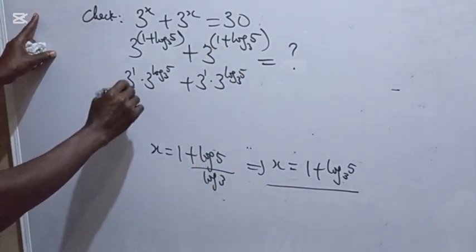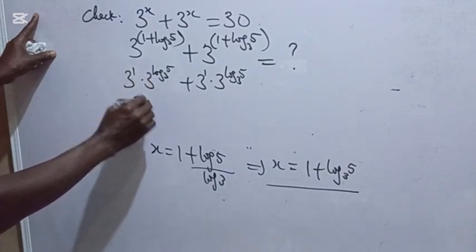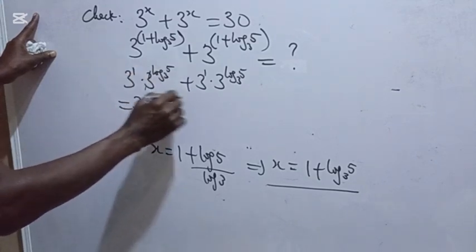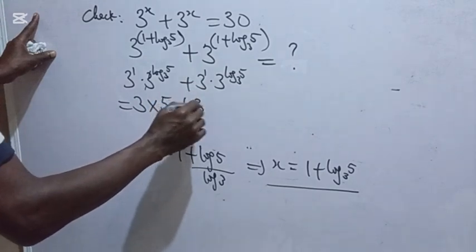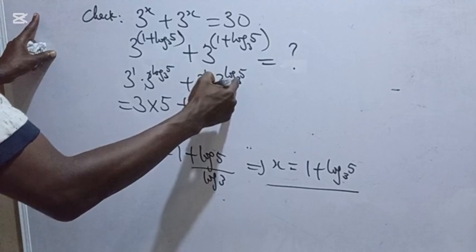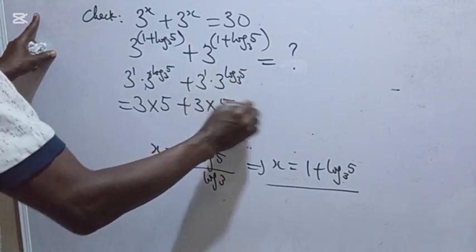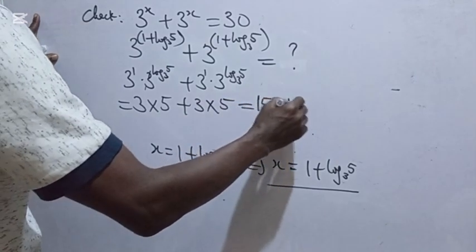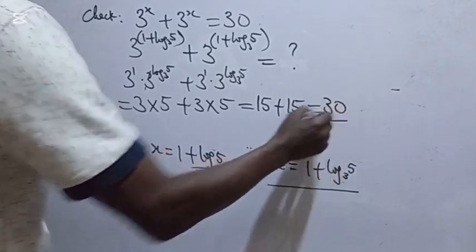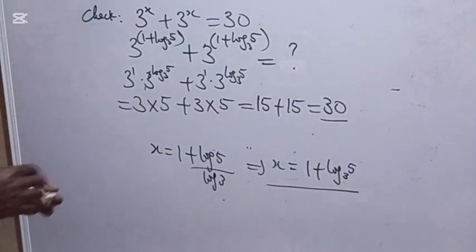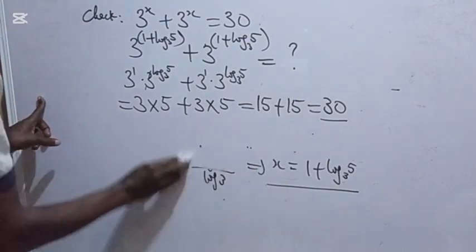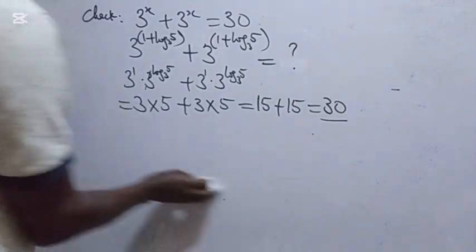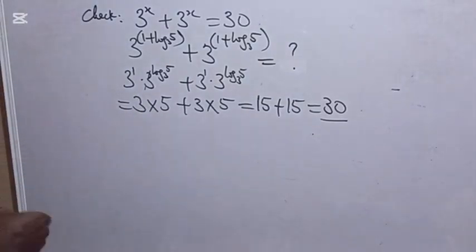So you have 3 multiplied by, when this 3 cancels this base, you have 5 left, plus 3 multiplied by, cancelling this base, we have 5 left also. So 3 times 5 is 15, plus another 15, which is 30. Wow. So the answer is correct. That means our x is 1 plus log 5 base 3. So with this, we have come to the end of this amazing exponential problem.